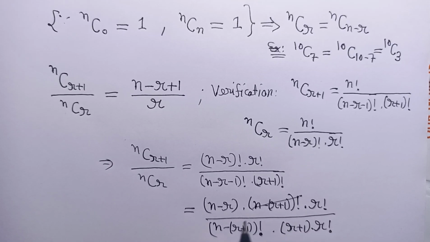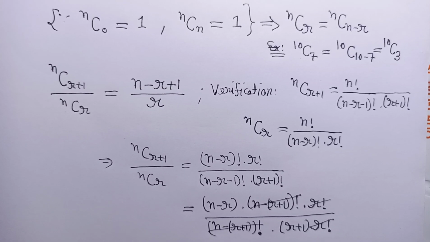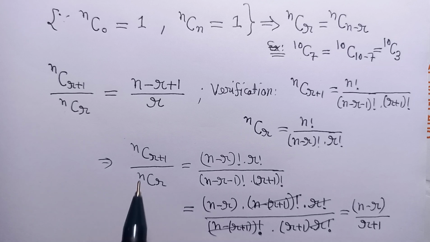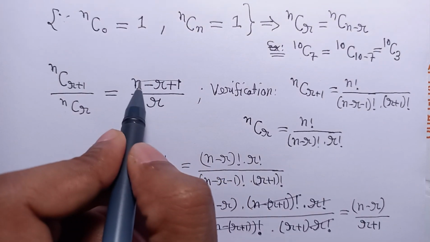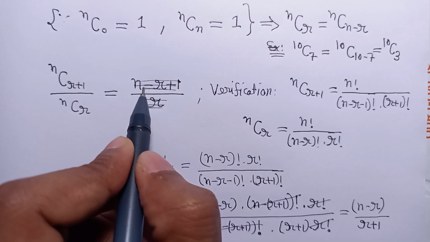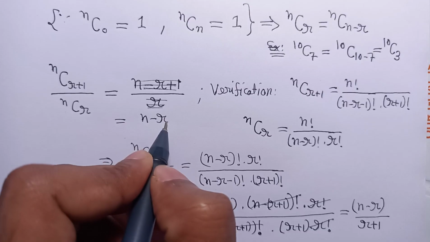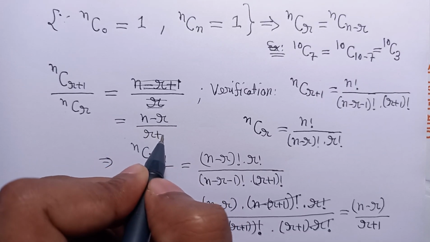Now you can see this value and this value cancelling, this value and this value again cancelling. So what you are getting is (n minus r) upon (r plus 1). So with verification we can directly see nC(r plus 1) upon nCr is equal to (n minus r) upon (r plus 1). Whatever I wrote earlier is incorrect according to this verification. So this is equal to (n minus r) divided by (r plus 1).